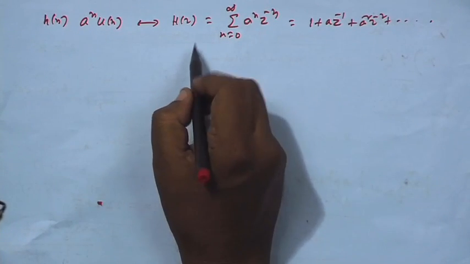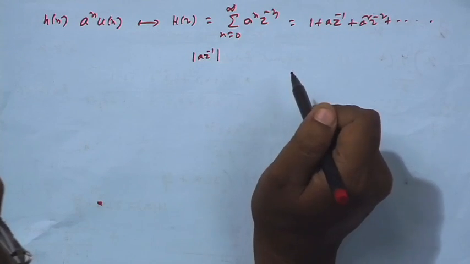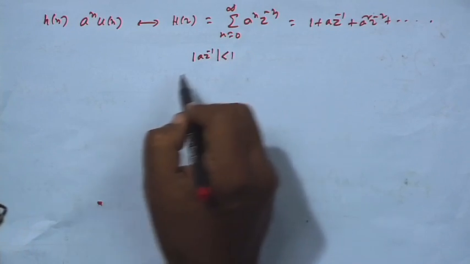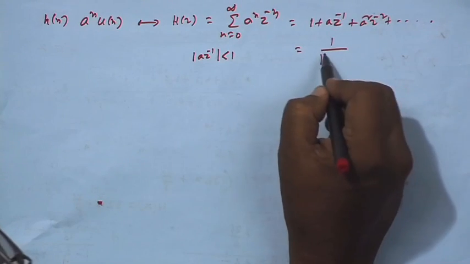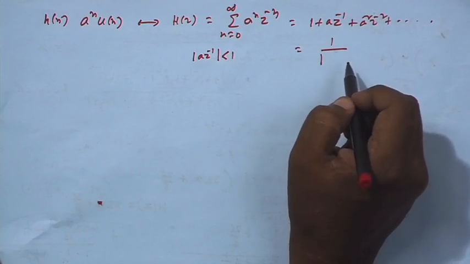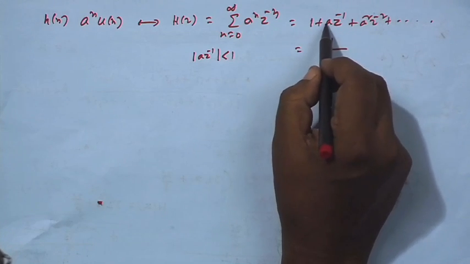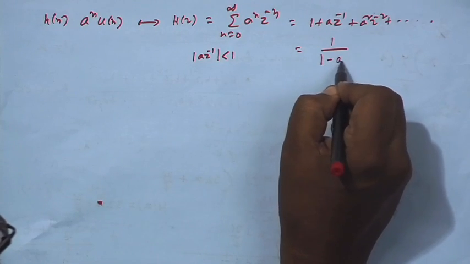So, this will converge if mod a z inverse is less than 1. Then it converts, as we have all done in school, 1 plus x plus x square plus x cube and so on, to 1 by 1 minus x if mod x is less than 1. Instead of x, I have a z inverse. So, if that is true, it will converge to 1 by 1 minus a z inverse.